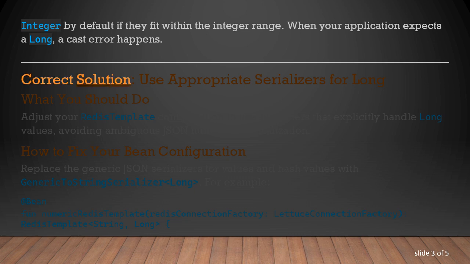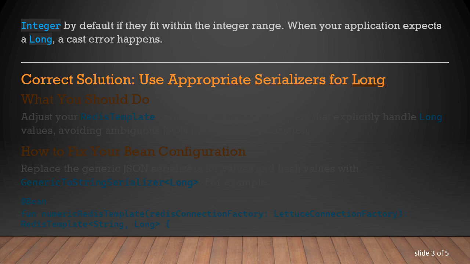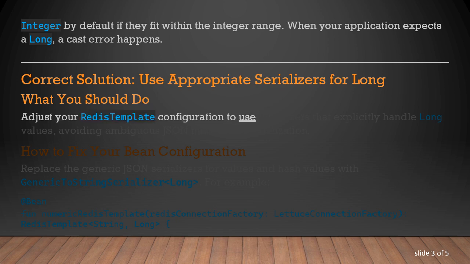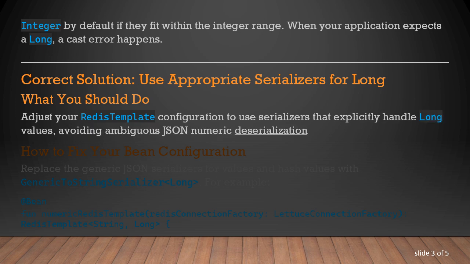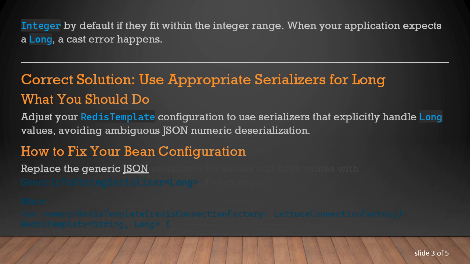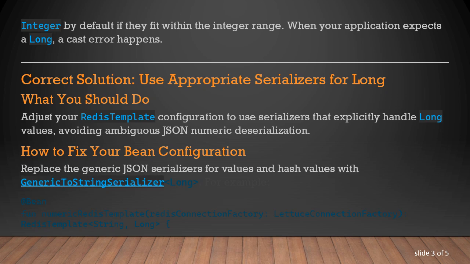Correct solution: use appropriate serializers for long. What you should do: adjust your Redis template configuration to use serializers that explicitly handle long values, avoiding ambiguous JSON numeric deserialization. How to fix your bean configuration: replace the generic JSON serializers for values and hash values with GenericToStringSerializer for Long.